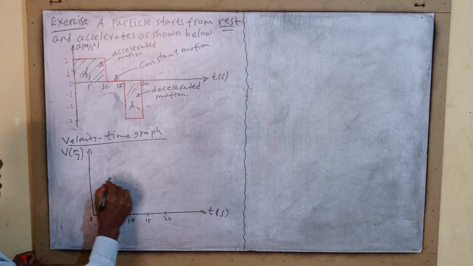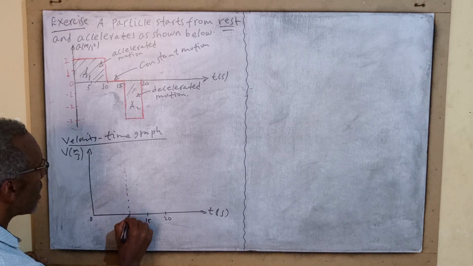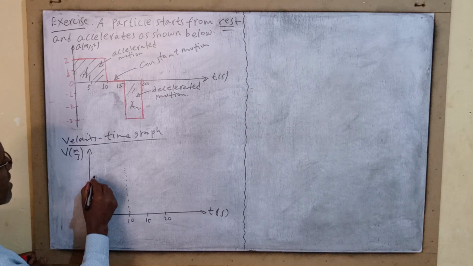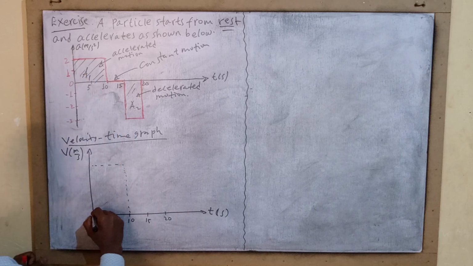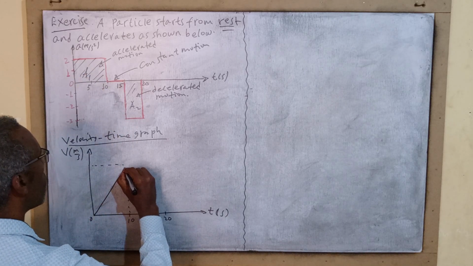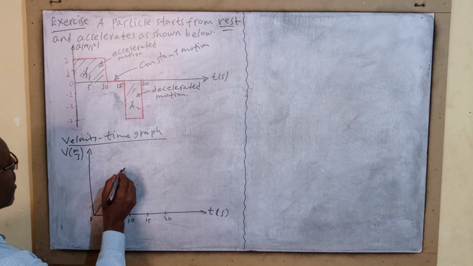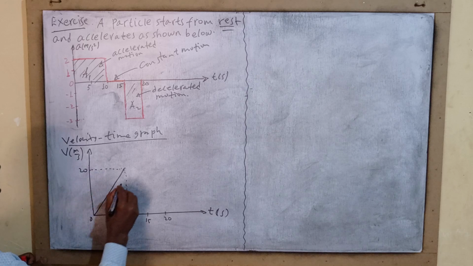Therefore, for the first part, between t is equal to 0 seconds and t is equal to 10 seconds, the particle has a constant acceleration of 2 meters per second squared. The speed increases linearly from 0 to 20 meters per second.